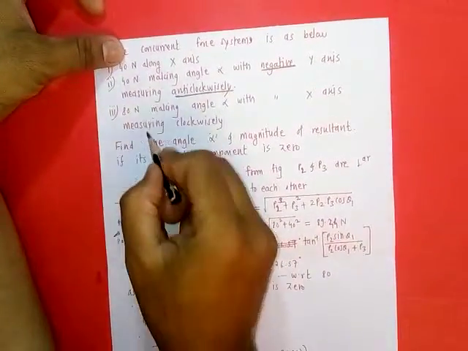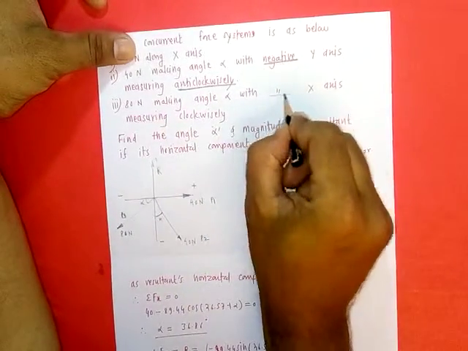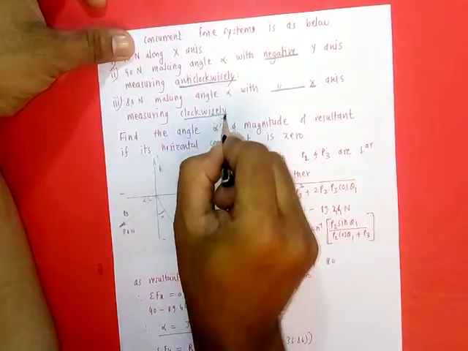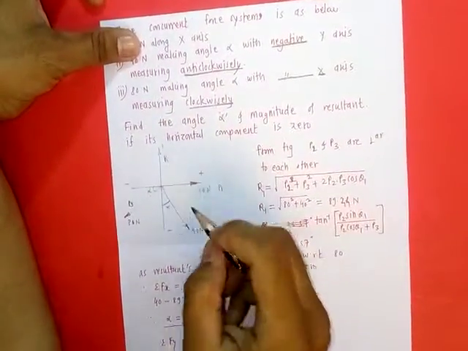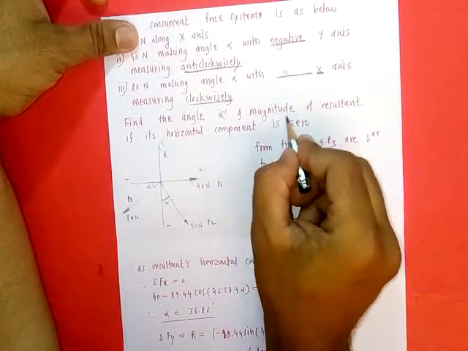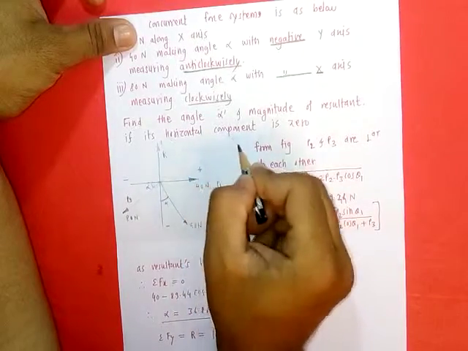Then 80 kN force making angle alpha with again negative x-axis and measuring clockwise, and they have asked to find the angle alpha and magnitude of resultant if its horizontal component is 0.